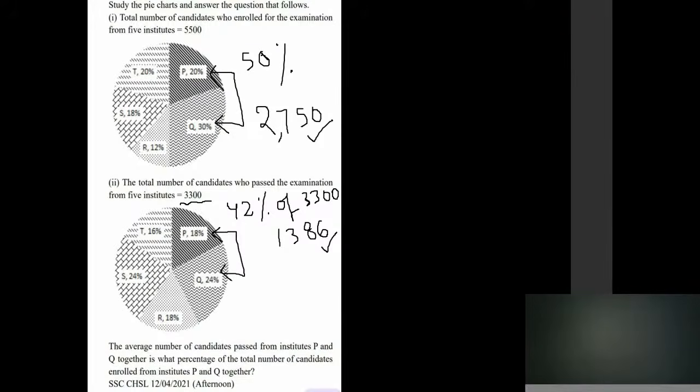Now our question is, what is the percentage of passed students? So percentage of passed students means it is equal to 1386 divided by 2750 into 100.